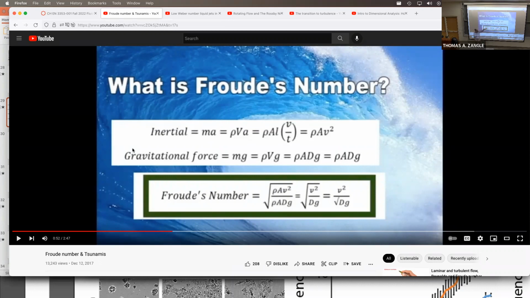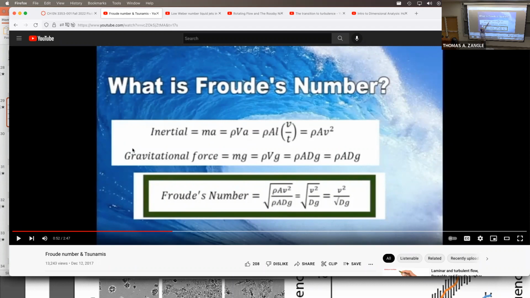But this is another way of deriving or thinking about these dimensionless numbers, which is basically they're taking something having to do with the inertial force, right? So the inertia of the fluid, MA, and taking that relative to the gravitational force. These things have the same dimensions, right? We're going to call it a dimensionless number by taking the ratio.